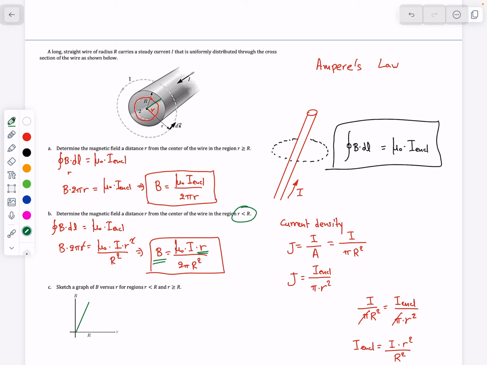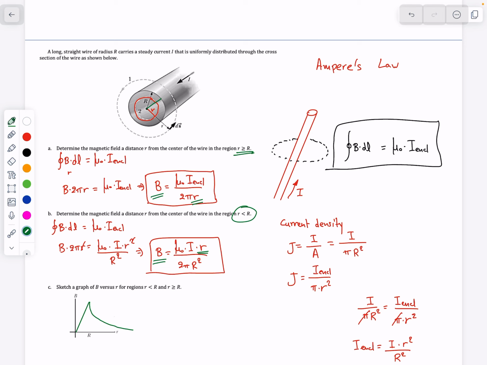However, when we reach the surface of the wire and after that, outside the wire, the magnetic field is inversely proportional to the distance. So as we go away, the magnetic field decreases, following a hyperbola as we move away from the wire.